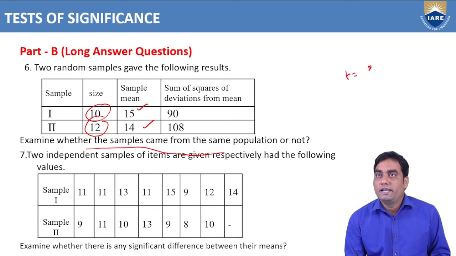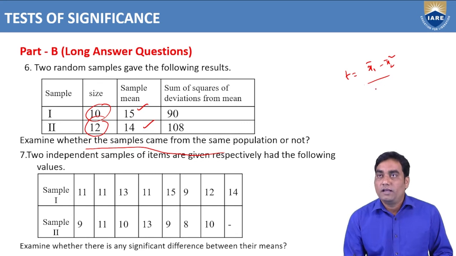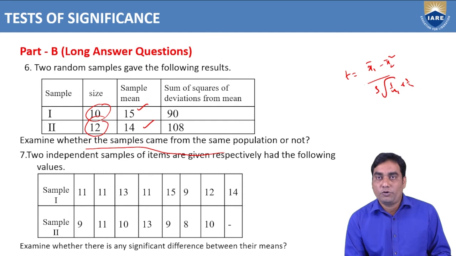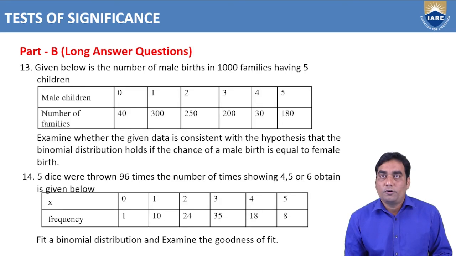So you can use the t-test for difference of means because it did not mention verifying the variances between them, s into under root of 1 by n1 plus 1 by n2. In the second problem, same concept: is there any difference between their means? So you can use the t-test for difference of means. But coming to this one, the time taken by the workers, two different samples are given, with the variances of the time distribution. So you can use the f-test here. Like that we can solve all the problems here.